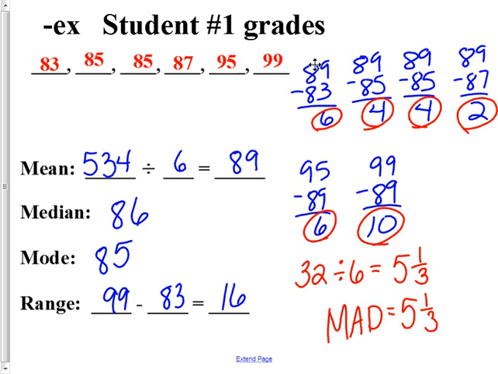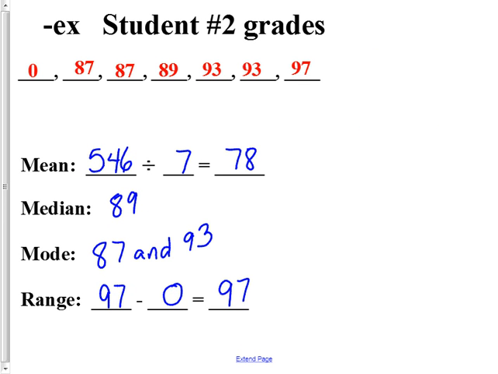All right, looking at another student. This student was a lot different in the sense that this student had one grade that was a 0. So let's look and see how that impacts our mean absolute deviation. Our mean in this case was 78.